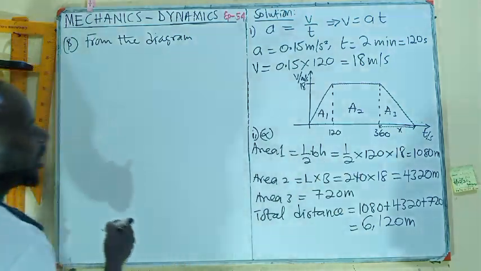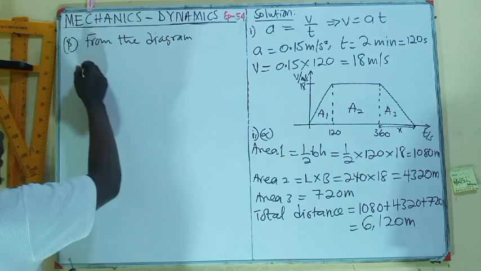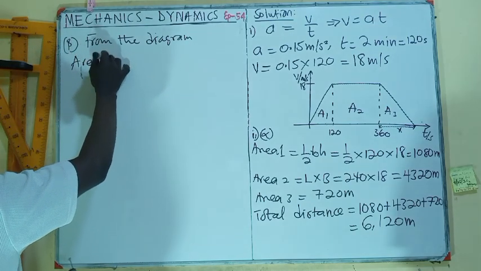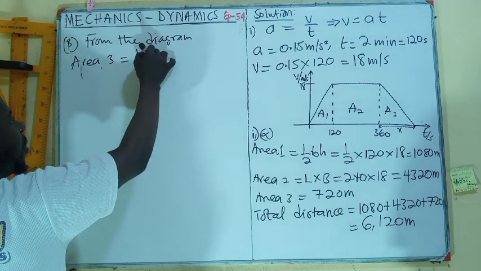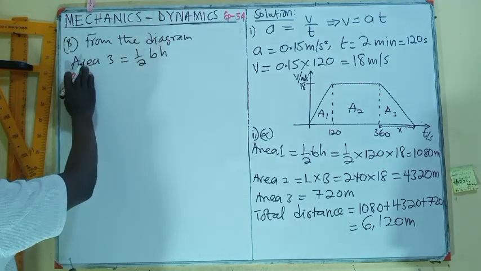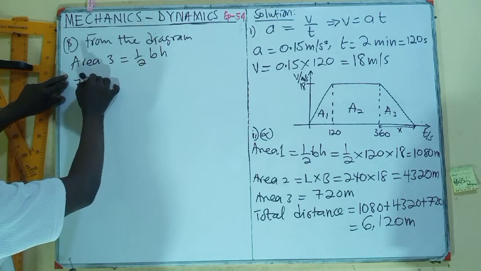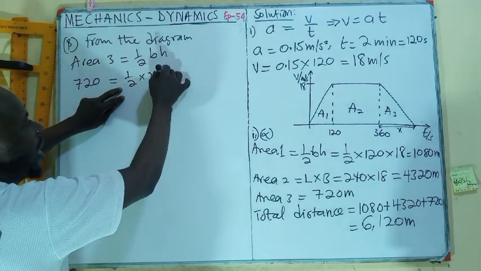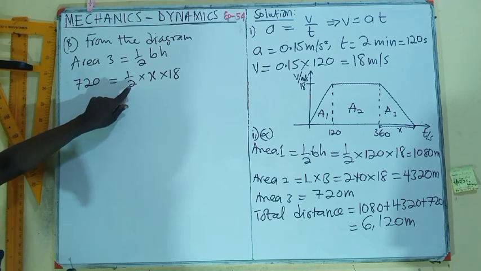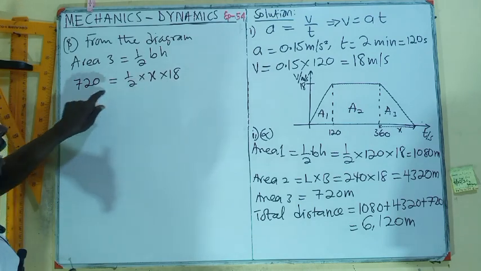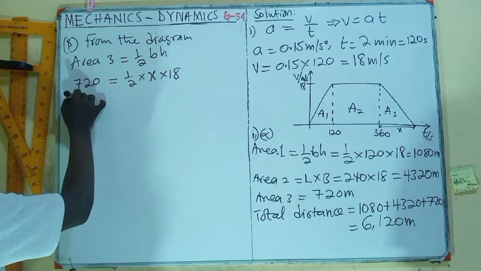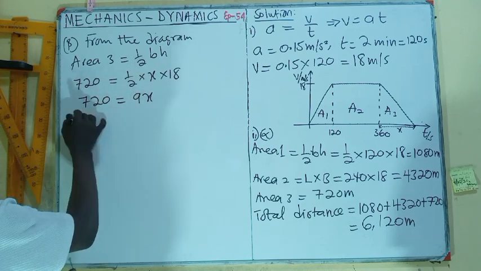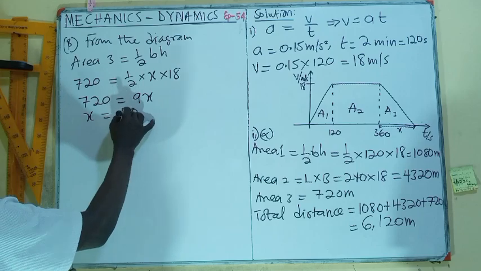So area 3 equals half base times height, where the distance covered is 720 equals 1/2 times the base x times the height 18. So this is going to be 9, and we have 720 divided by 9, so our x is going to be 80.